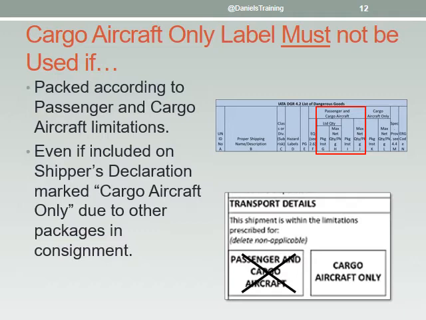If your dangerous good is packed according to the instructions for passenger and cargo aircraft, it must not display the cargo aircraft only label, even if the entire consignment is cargo aircraft only.